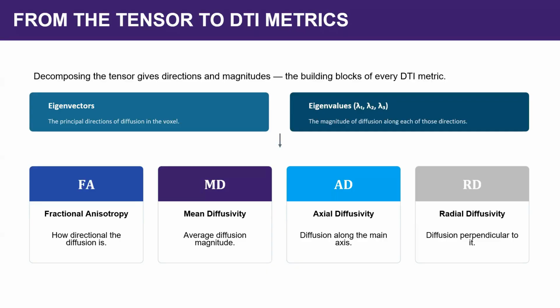It tells how the form of the water movement is: 0 is like a perfect sphere, and 1 is like an ellipsoid. Mean diffusivity is the average of these three eigenvalues. The axial diffusivity is along the main axis, and the radial is perpendicular.